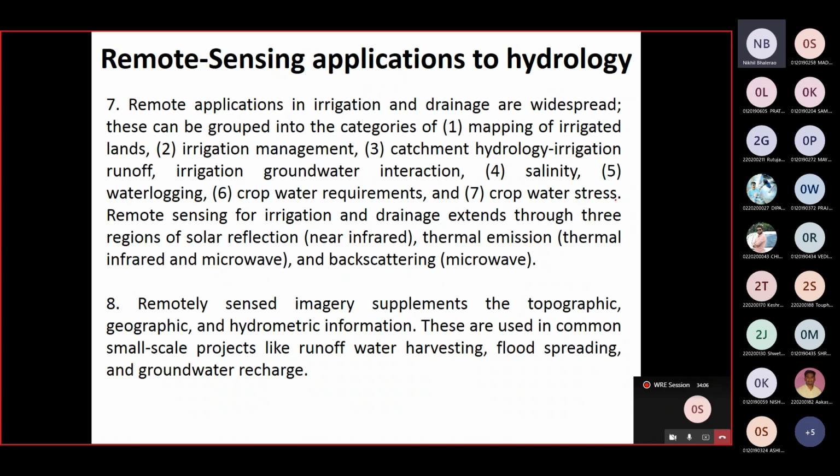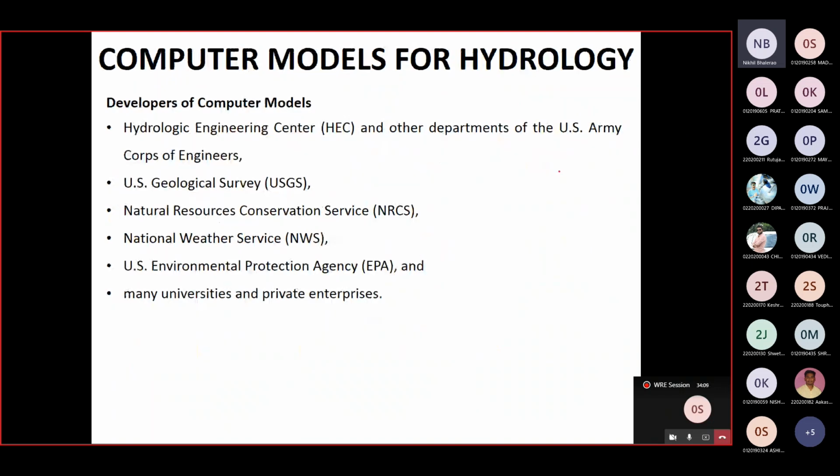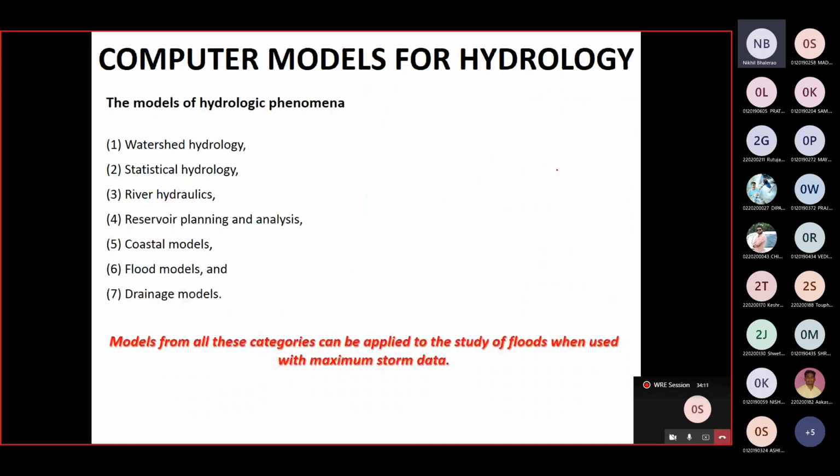First, we will start with the watershed. Here, we have discussed various hydrologic phenomena. So models from all these categories can be applied to the study of floods when used with the maximum storm data. So everywhere we can have the application of remote sensing.